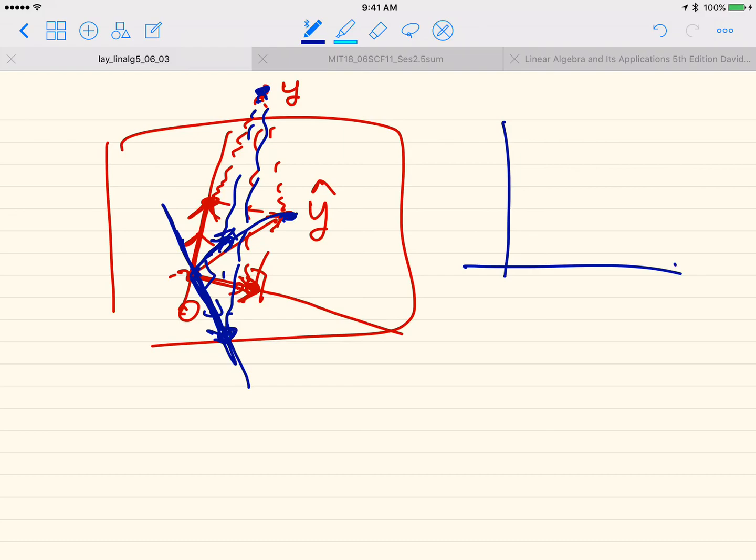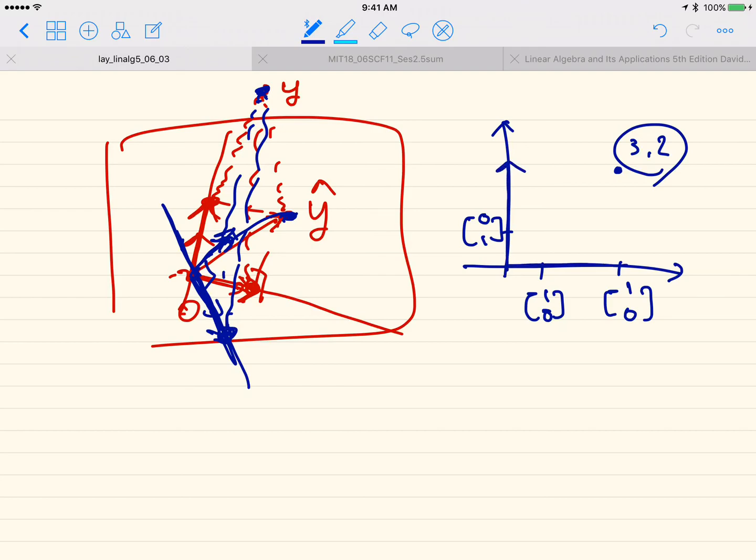So yeah, it's a three-dimensional view, but if we look at it as a flat view, it's just like this. So we have this two-dimensional plane, and this guy is like 3, 2, and then it's 1, 0 and 0, 1, and then we can think about the linear combination like this. And then what about having another linear combination like this and this?